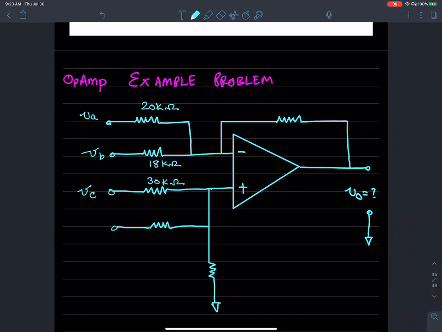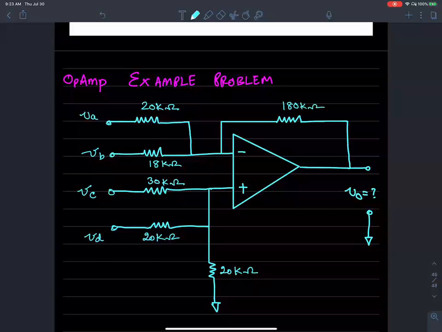Vc, and then this guy is 20 kilo ohms. Vd over here. And then of course there is 20 kilo ohms applied to this, and 180 kilo ohms applied right here.